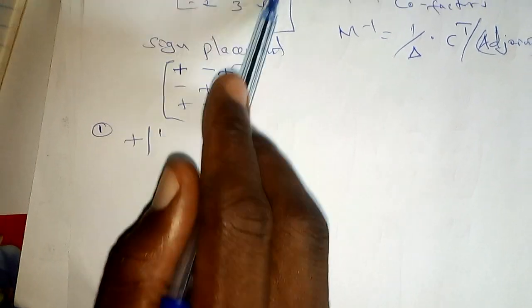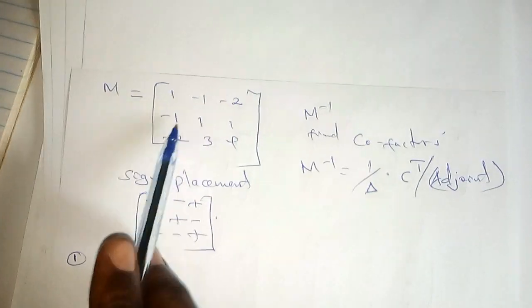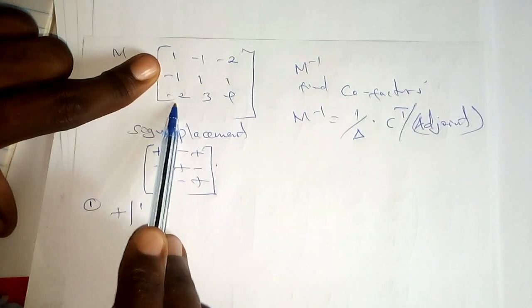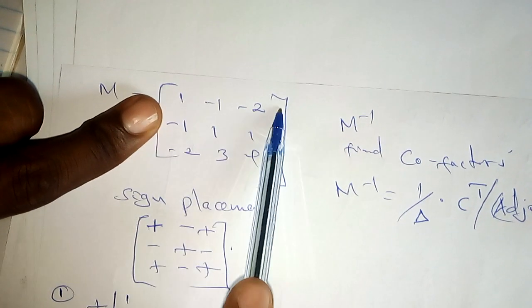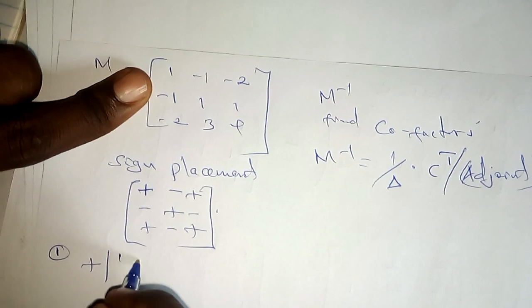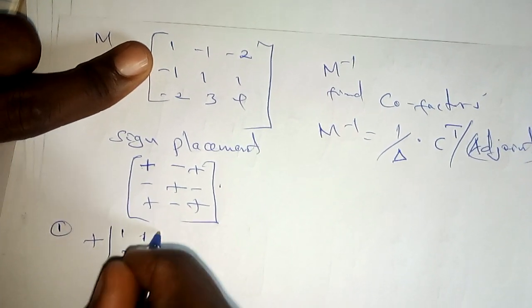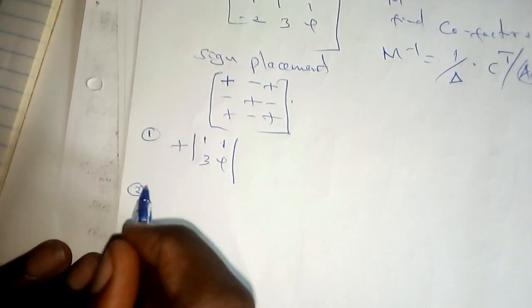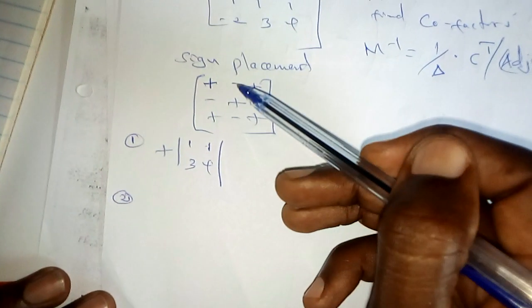Considering the initial matrix, just block this column and this row. The remaining part we take is 1, 1, 3, 4. Then the second is negative.